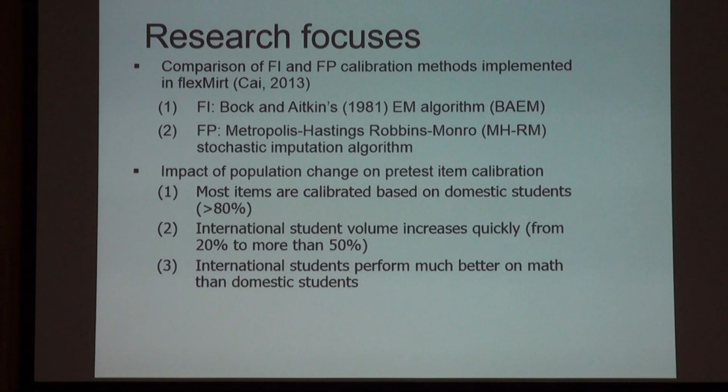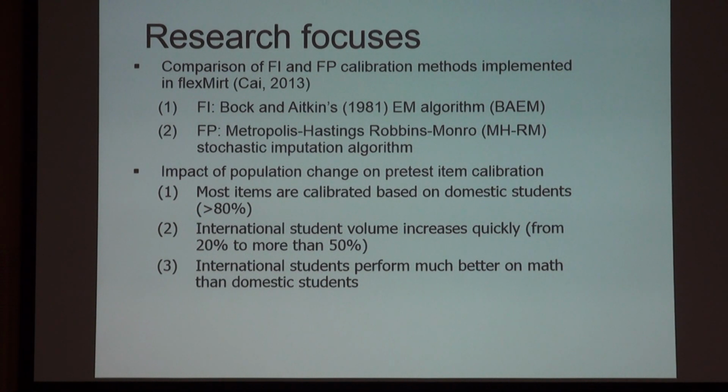So in our study, how these two methods perform is one of our research focuses. Another one is the impact of population change. Just like other testing organizations that also deliver exams globally, in recent years we observed that the volume of our international students is increasing significantly.